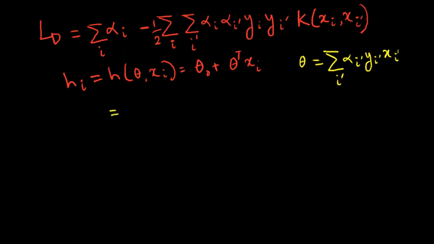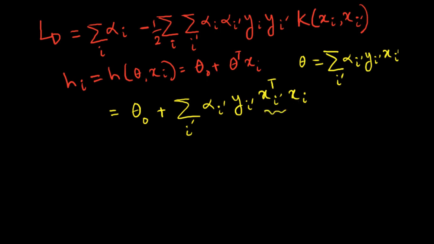So now this is equal to theta 0 plus summation over i prime alpha i prime y i prime x i prime transpose times x i, and now we replace that by the same kernel function.